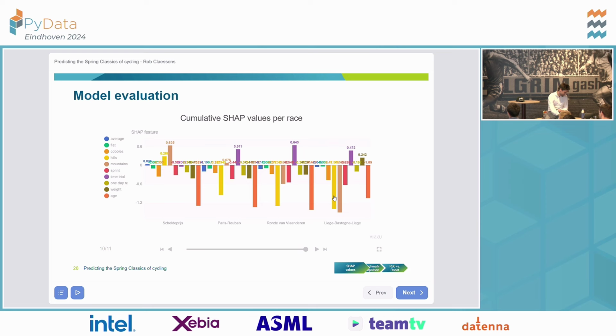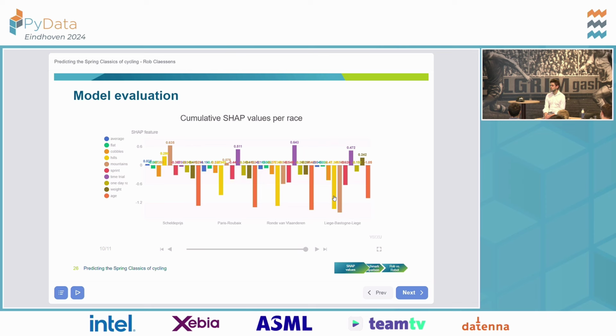It goes again linearly decaying, I would say. And you see again that the most hilly race on the right has the largest negative SHAP value. So what we can see here is that apparently a good hill scale gives you a better chance at a good rank for the race.